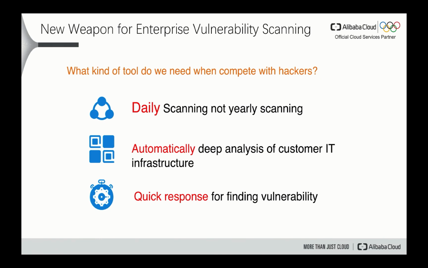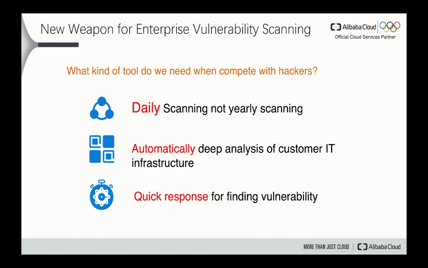Now you have a new weapon for enterprise vulnerability scanning, and we call it the AVDS. There are three highlight features you can think of. Definitely, because it's a totally automated service, it can be done on a daily basis.